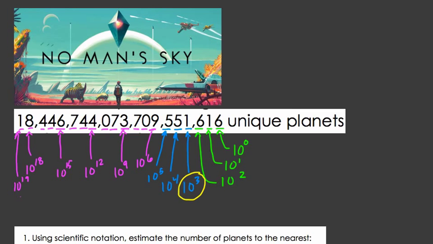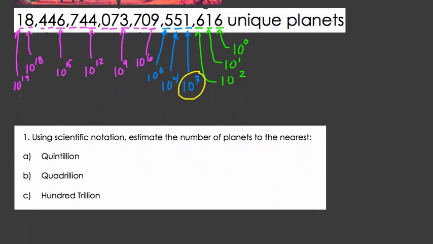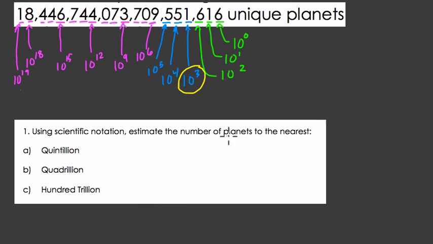So here, we can ask lots of questions about this. Let's start with just playing around with this number before we get to some other aspects. This question says, using scientific notation, estimate the number of planets to the nearest quintillion, quadrillion, and 100 trillion. So to the nearest quintillion, that's this place value right here, the 8. For the rounding, we use the place value before it, the 100 quadrillion.